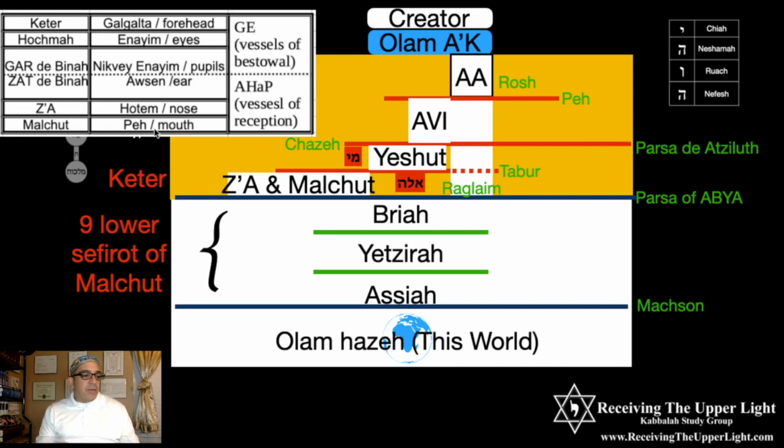As a result of this, the vessels of reception receive this Or Hochmah. But the only way they can receive the Or Hochmah is if it is clothed with what is called Galgalta Ve'Einaim and the upper nine of Bina, the three vessels of Bina that are vessels of bestowal. They're not of reception, right?